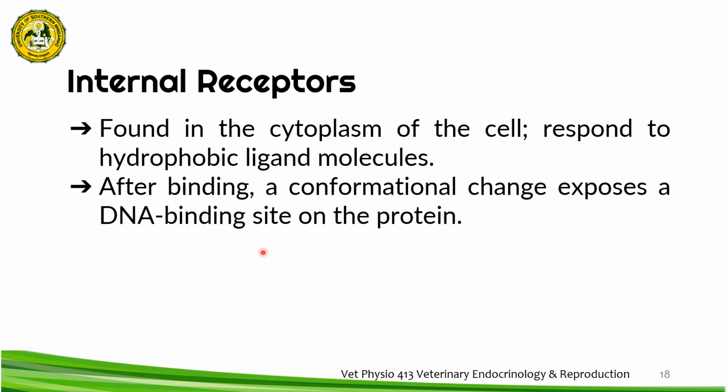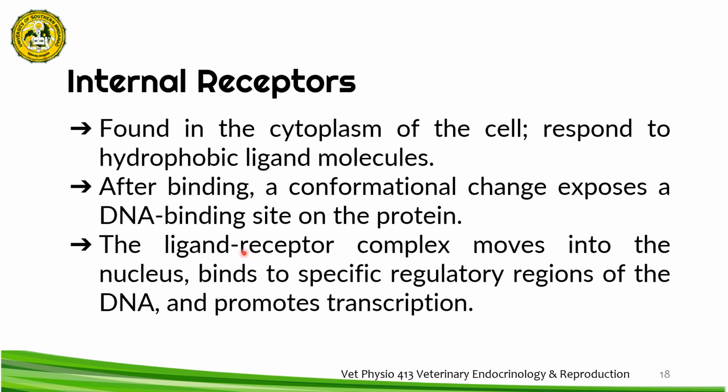When the hormone enters the cell, it will bind to the receptors in the cytoplasm. After binding, there will be a conformational change, exposing the DNA binding site on the protein. The ligand receptor complex moves into the nucleus. It will bind to specific regulatory regions of the DNA, and it will promote transcription.